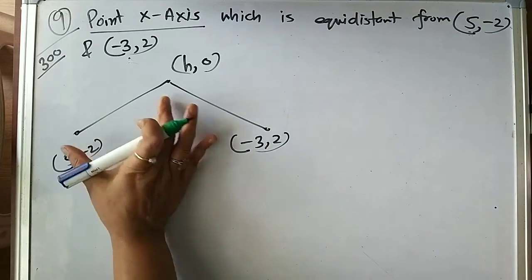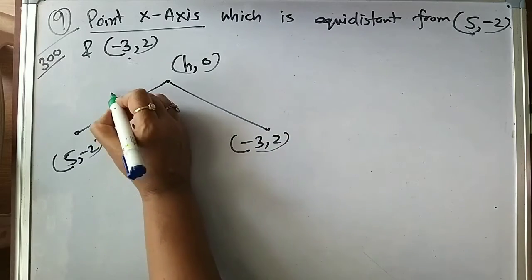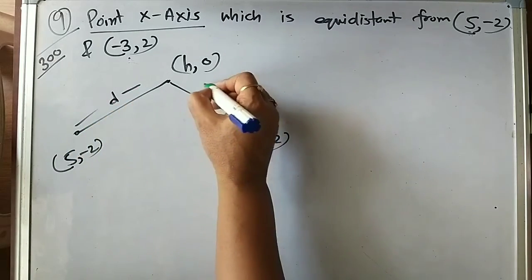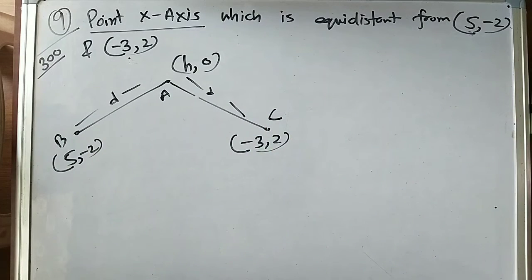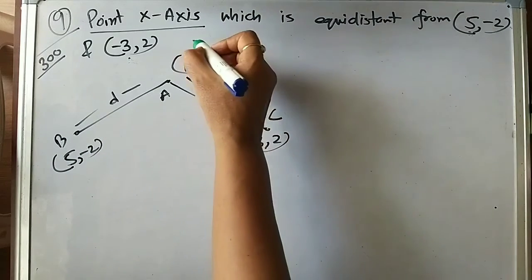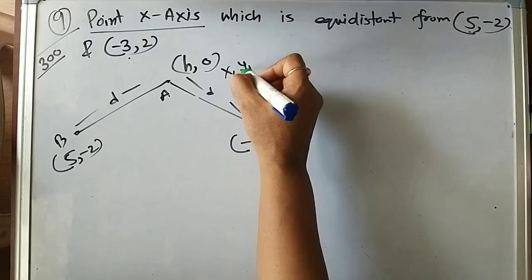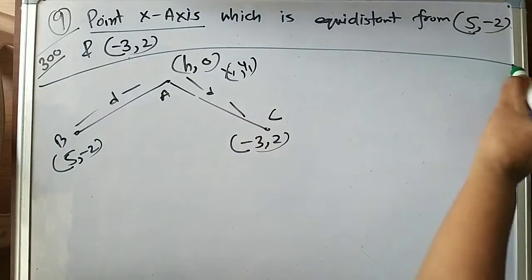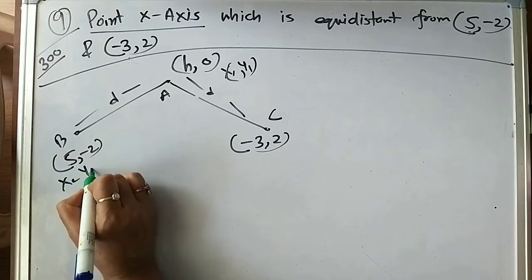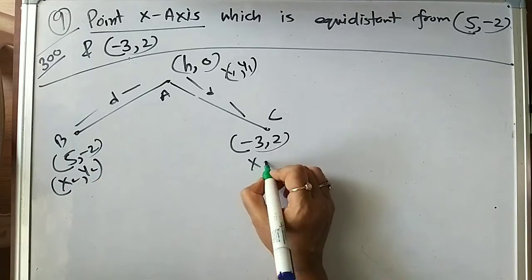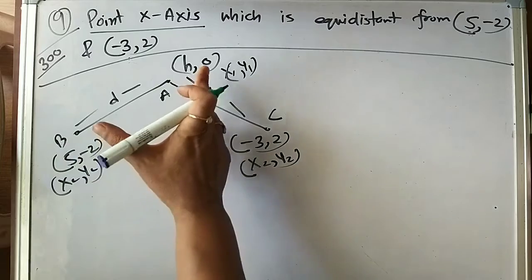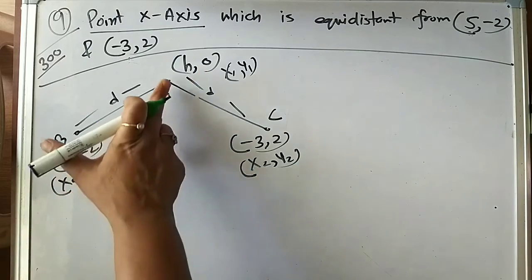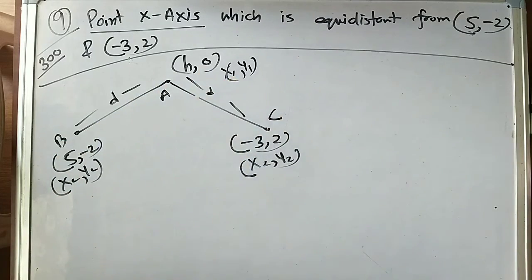So this distance and this distance are equal. Suppose this is also D and this is also D. This is A, B and this is C. Suppose this is my x1, y1, and this is x2, y2, and this is also x2, y2.